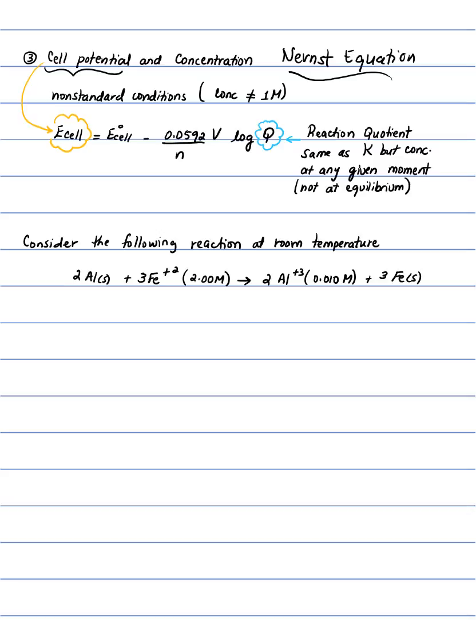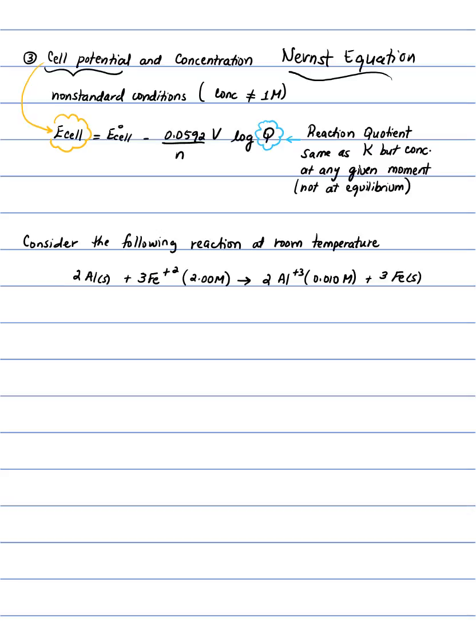Q is like K, okay? K is your equilibrium constant. Q represents the same thing, concentration of your products over concentration of your reactants, same thing as your equilibrium constant. But remember, your concentrations are raised to the power of whatever coefficient you have in the equation.